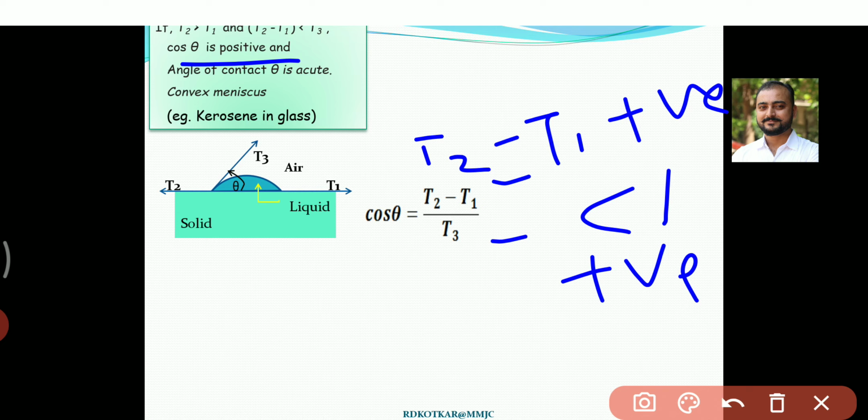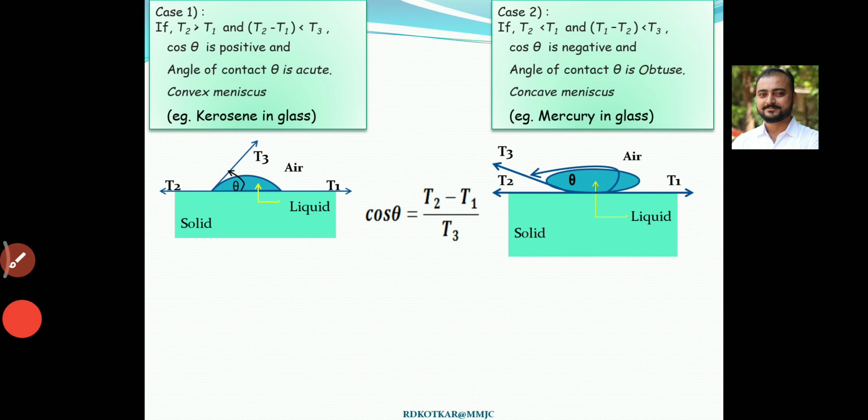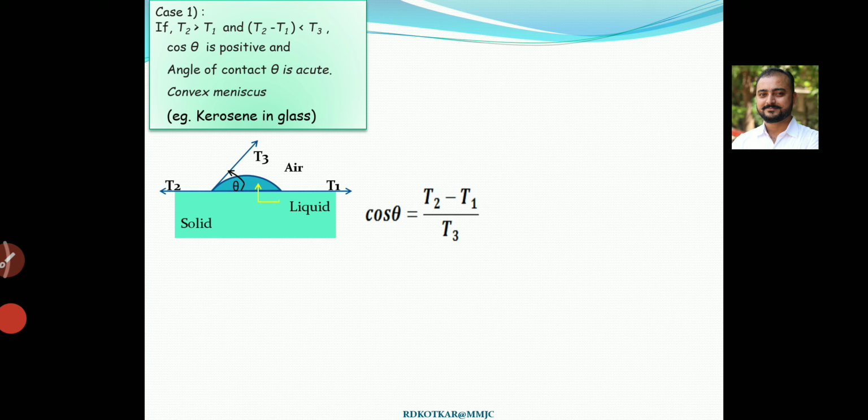and it forms the shape of the meniscus as a convex meniscus. An example is kerosene in a glass. Look again at what I am saying. For this case, T2 minus T1 should be positive, and less than T3.